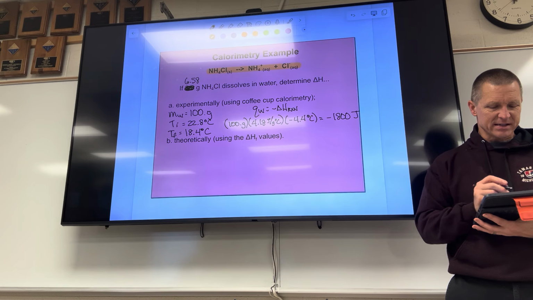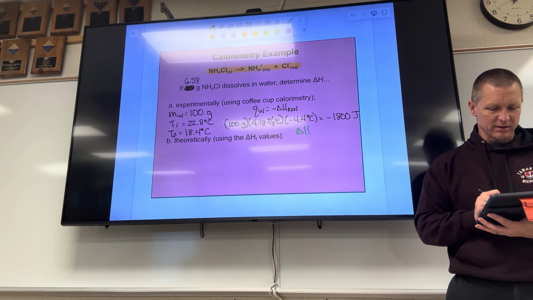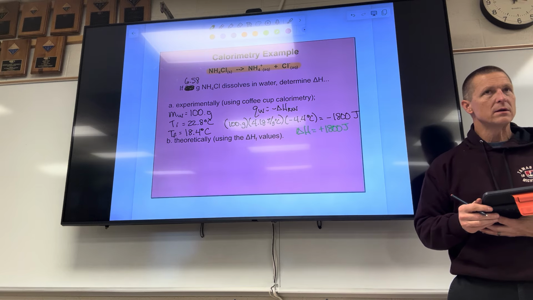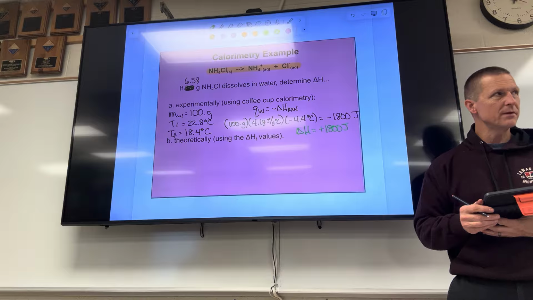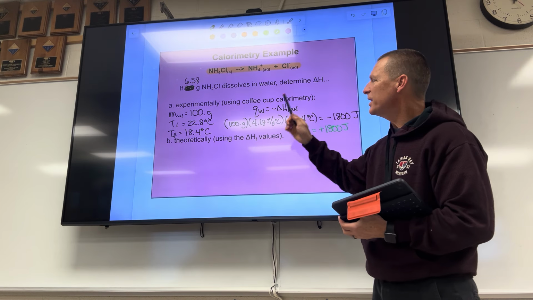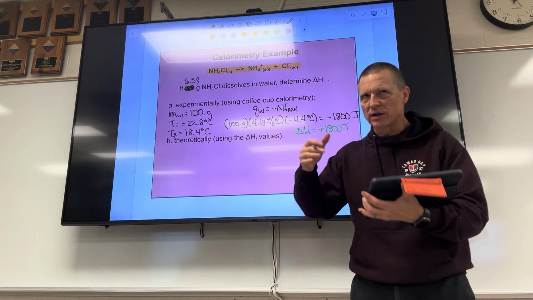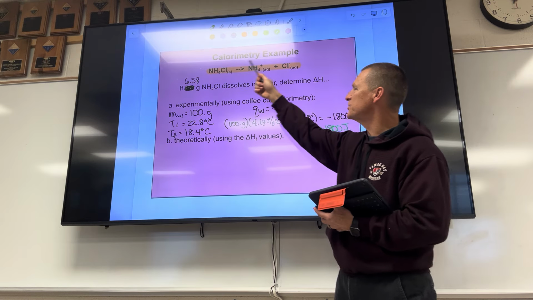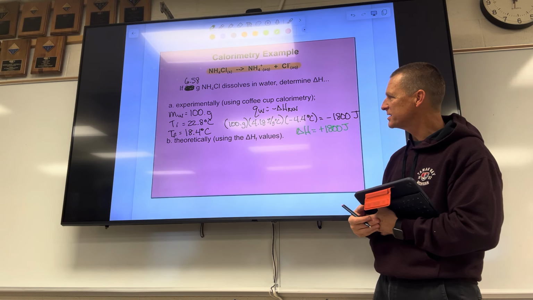That means that delta H of the reaction has to be positive 1800 joules. Do you agree? Okay. So we use calorimetry. The amount of energy that the water lost is equal to the amount of energy that this process gained. The process of changing that solid into the dissolved ion.